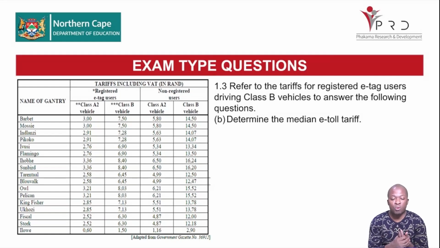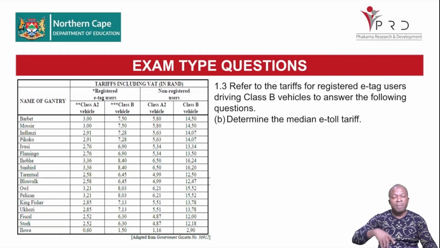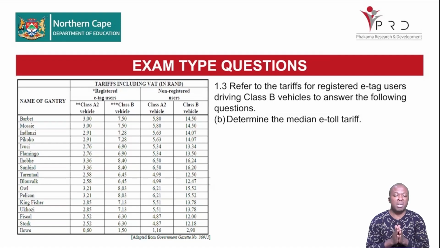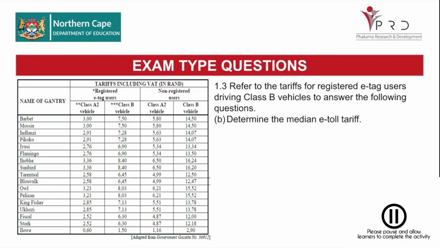So what I need you to do for the same class B, all the values there, arrange them from small to big so that we can be able to find the median. I'm giving you 3 minutes. Let's go, learners. After 3 minutes, we will come back. Remember, first, you have to arrange the data set. Which data set? We are talking of the data set under class B of registered eTag users. After 3 minutes, we will come back, learners.